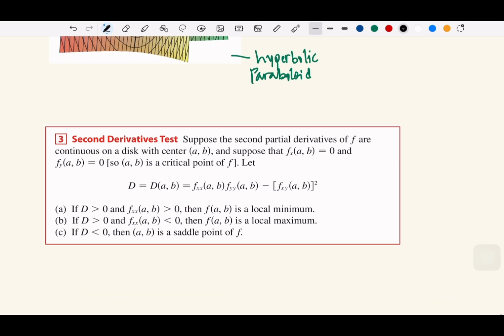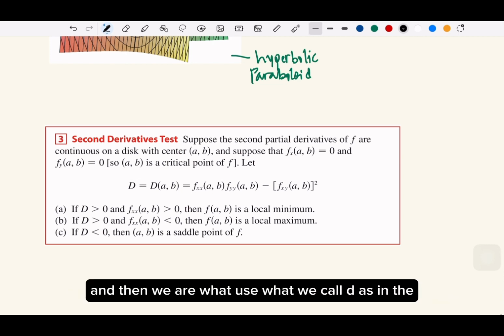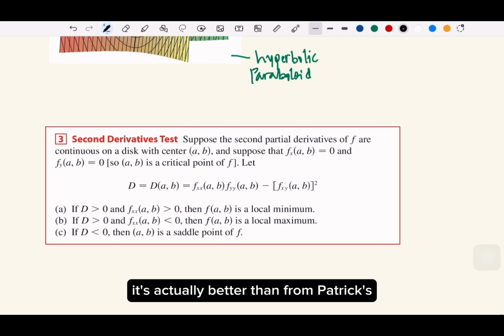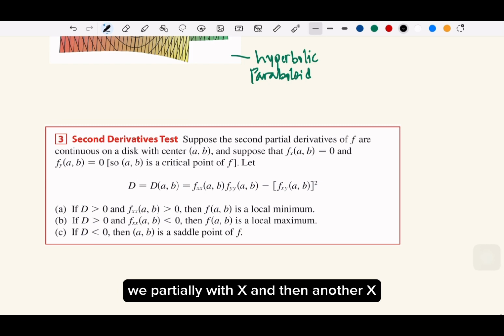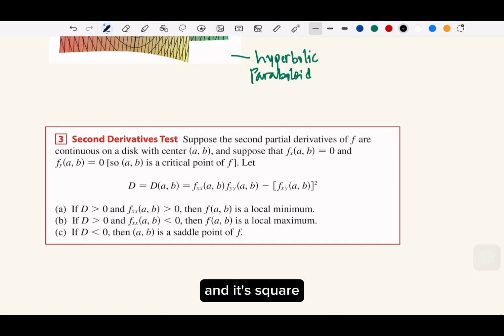Okay, and then we are going to use what we call D, which is actually the determinant of a matrix. So the partial xx multiplied with partial yy, which means the second derivative, we differentiate with x and then with another x, and y and another y, minus the partial xy or yx, they are the same, right? And then squared.